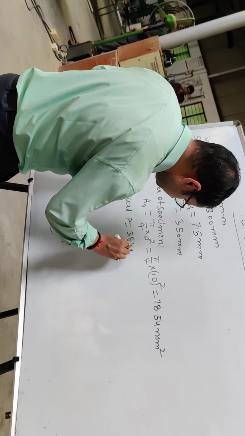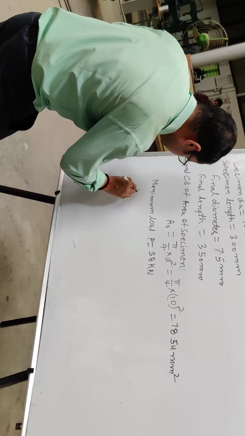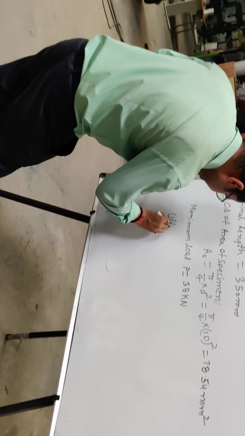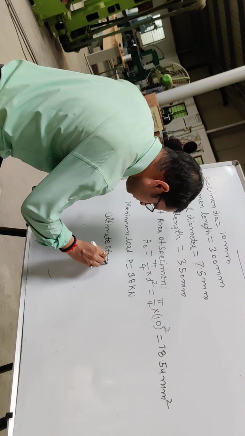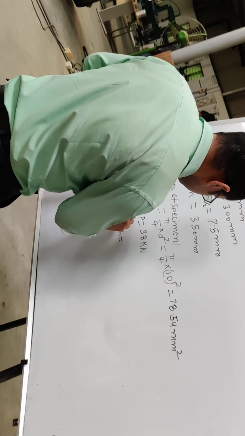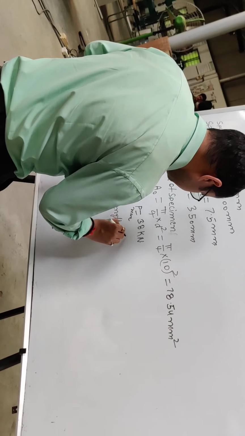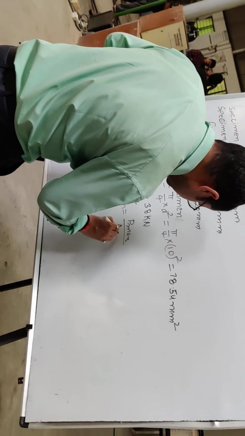So ultimate strength you can determine as maximum load P max upon cross section area.